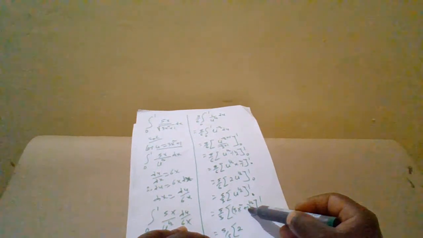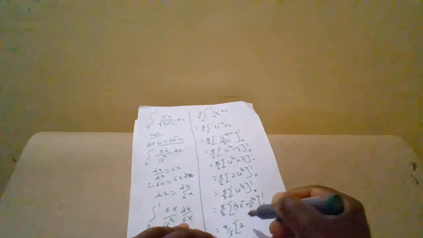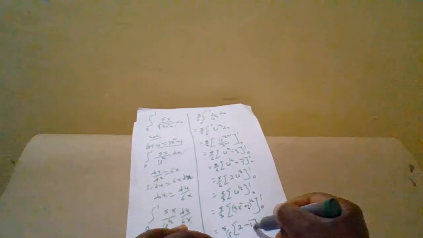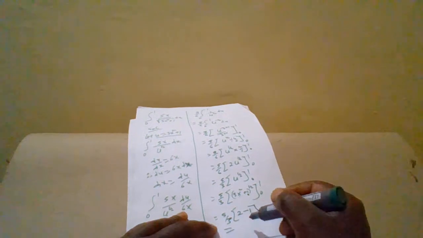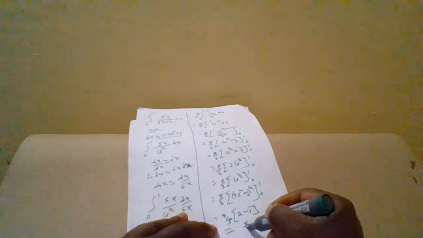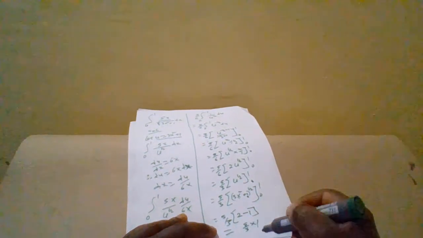The square root of 1 is 1. So minus 1, like that. So this equals 5 all over 3 times 1, which equals 5 all over 3.